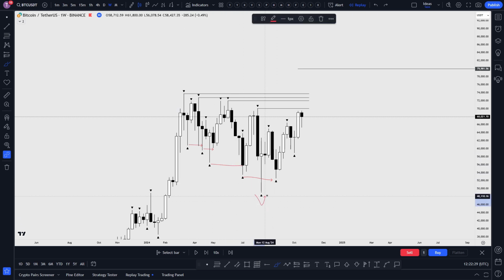After we took out this bigger move and failed to continue lower, I was waiting to see how we close above these levels to see if there would be some momentum, because that's how I trade. I'm focusing and trading solely my MVM system, which is mostly about manipulation, volume, and momentum.